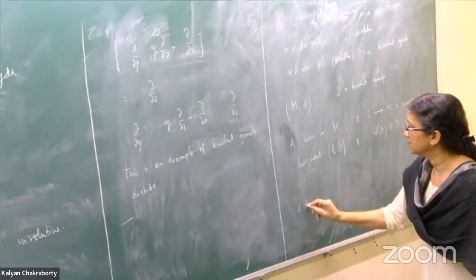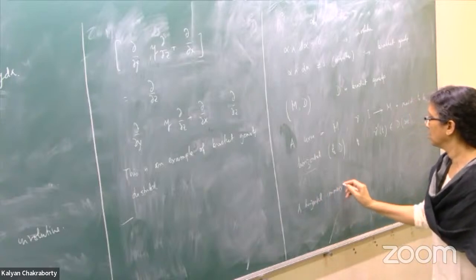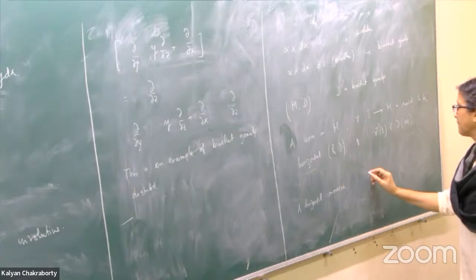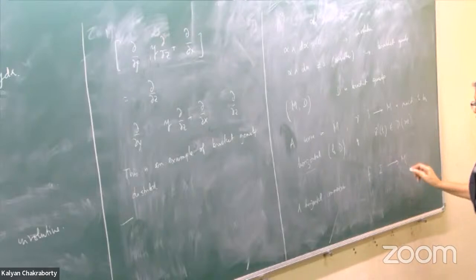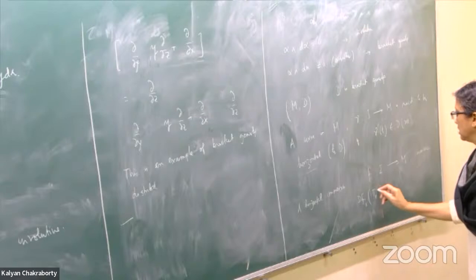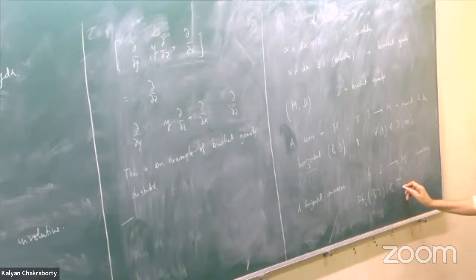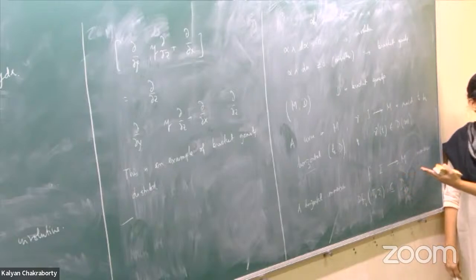So the horizontal immersion: suppose a map A from some manifold sigma into N is an immersion, which means the derivative map at each point is an injective linear map.